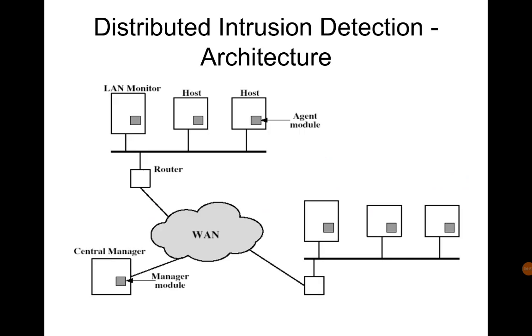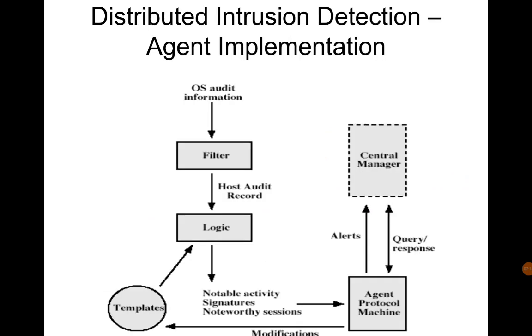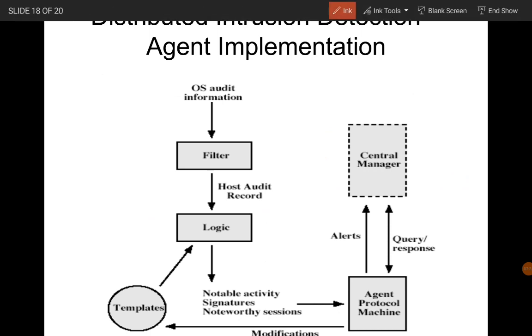This is the architecture of distributed intrusion detection. The main components are the LAN monitor, agent module, and the central manager, and within that we have the manager module. This is the agent implementation. The audit information collected by the operating system is filtered and the host audit record is created.